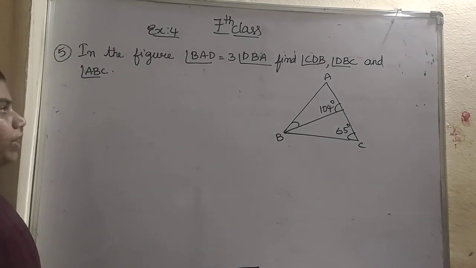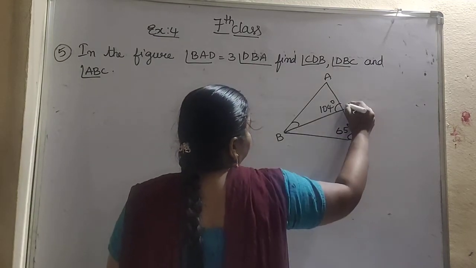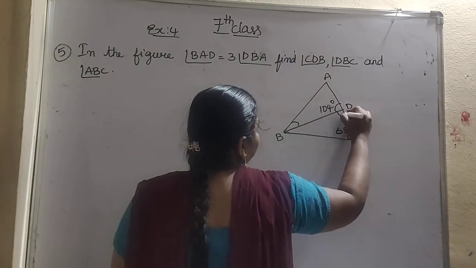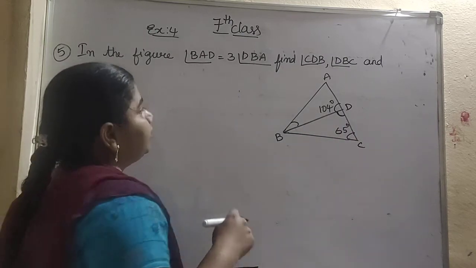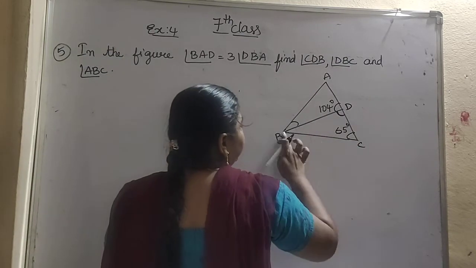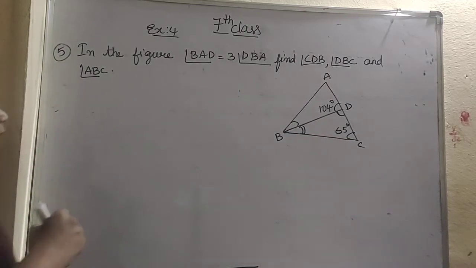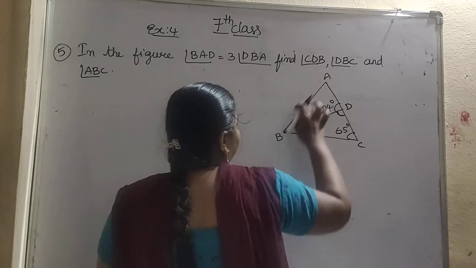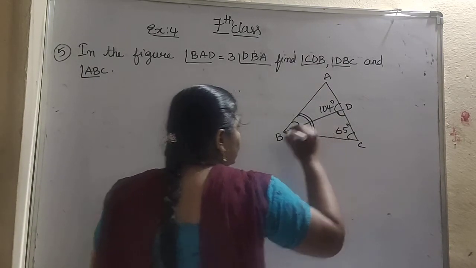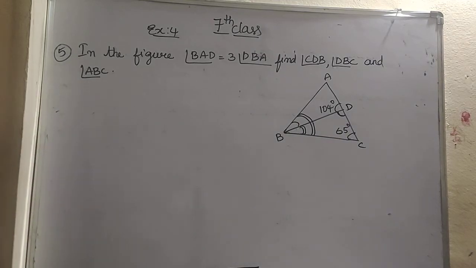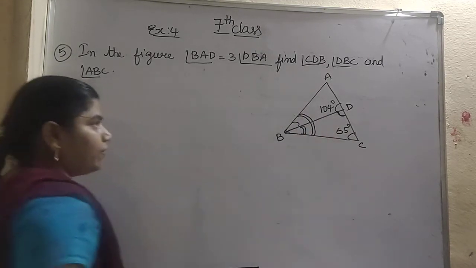What we have to find is CDB, this angle, and DBC, this angle, and also ABC, this total angle. So we have to find these three angles.